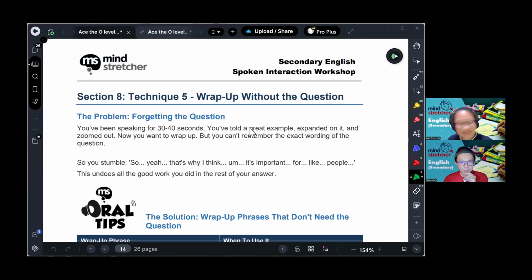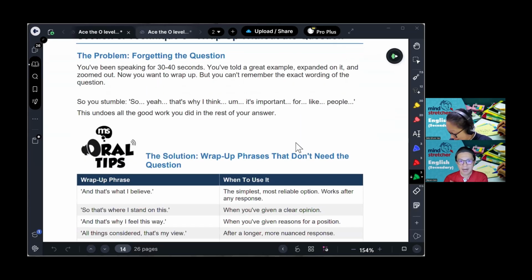Okay, technique 5. So towards the end, you know, your P.E.E.R.S. and it says, okay, summarize. And you're supposed to say, and that's why I believe that blah blah blah. The problem if I'm giving a well-developed answer is that towards the end, I might have forgotten what the original question was because I'm caught up inside my head. Okay, I need to think of this and then I need to think of that. And then I'm coming up with examples and then I've zoom out phrases and building the bridge.